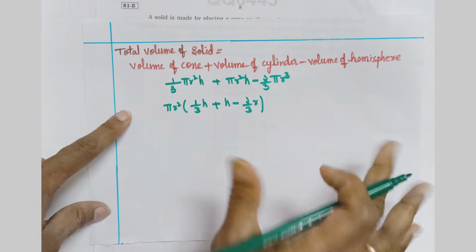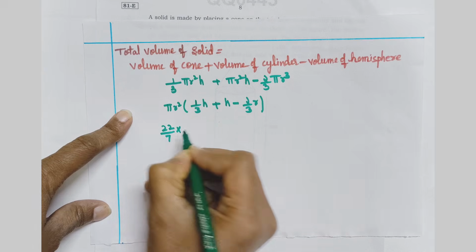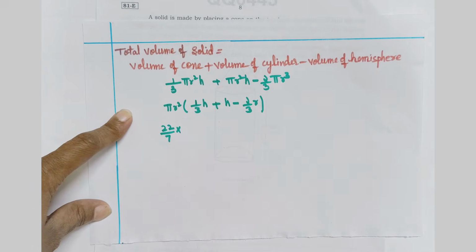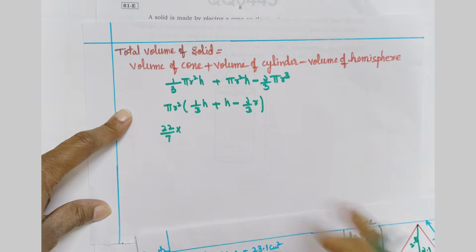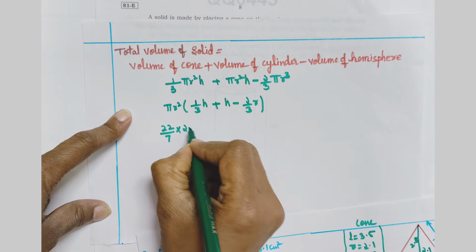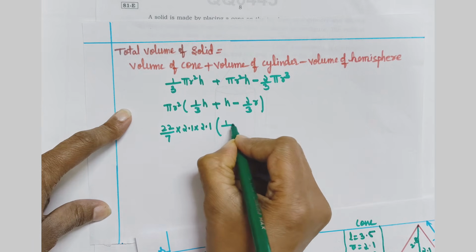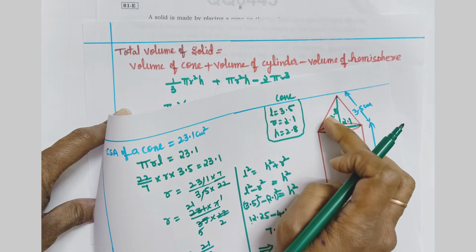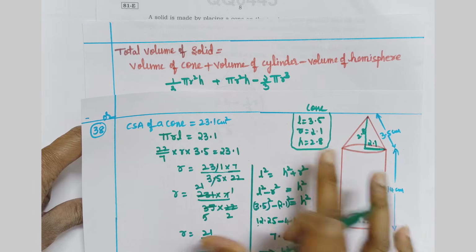Now carefully listen. Pi value is 22 by 7 into 3 radius equal. What is the radius? Radius is 2.1, so 2.1 into 2.1. Next, 1 by 3, this is a cone. Cone height is 2.8.